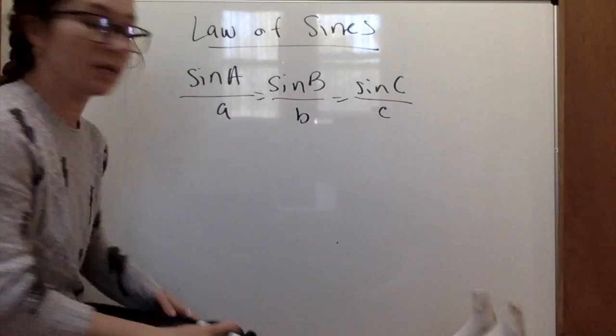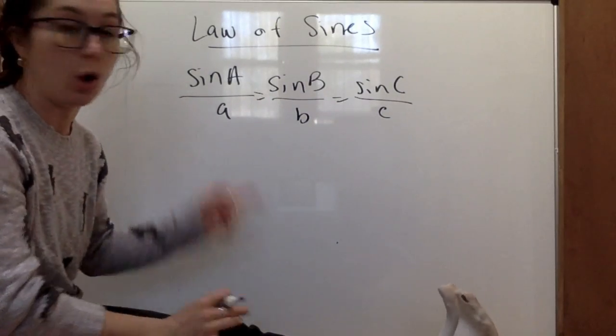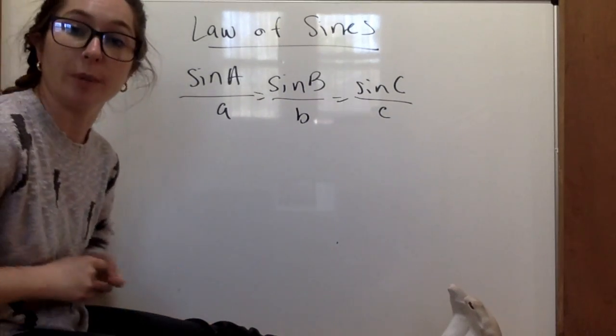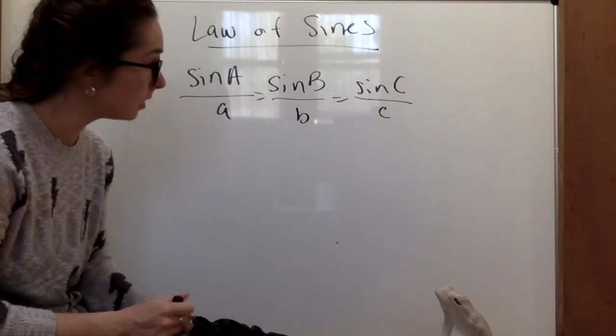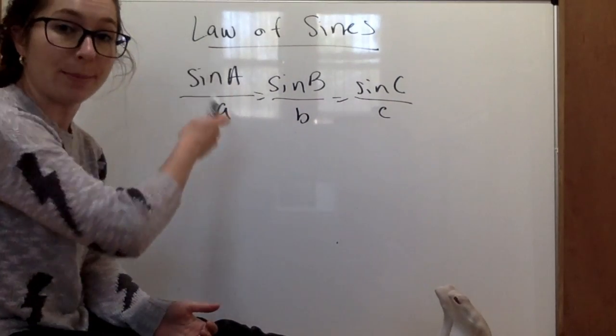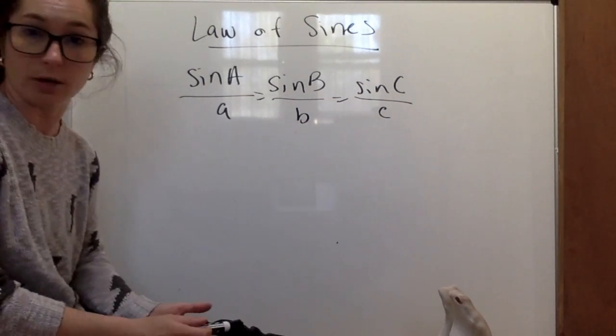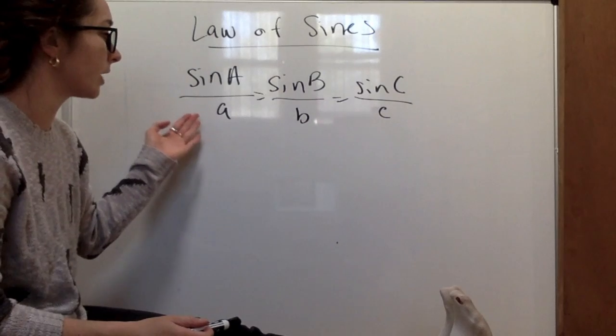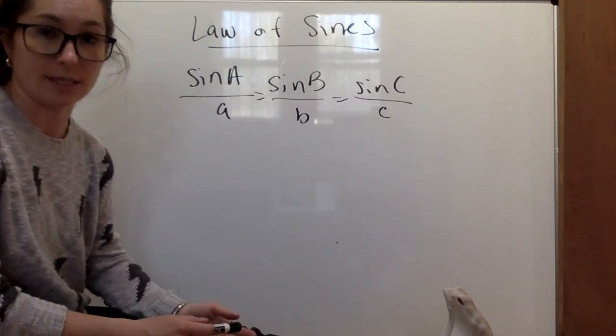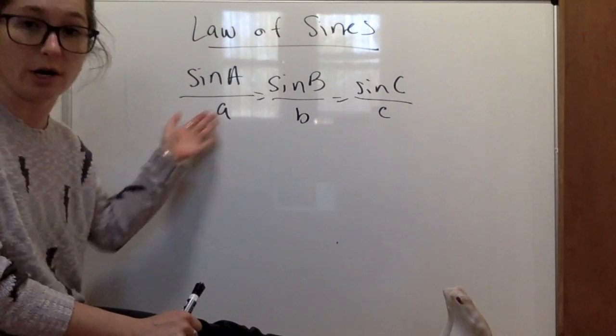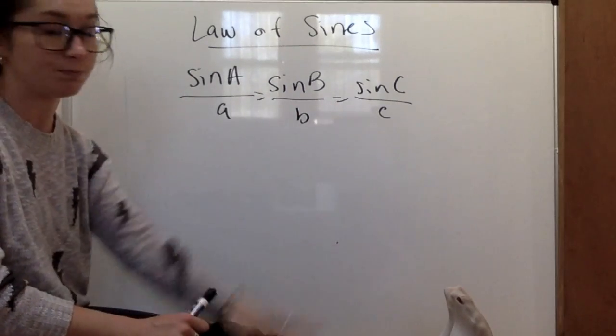The law of sines is that sine of A over a equals sine of B over b equals sine of C over c, where capital A, B, and C are the three angles within our triangle. Any triangle, doesn't have to be a right triangle. And lowercase a, b, and c are their corresponding side lengths, where a is the side length across from angle A, and so on.